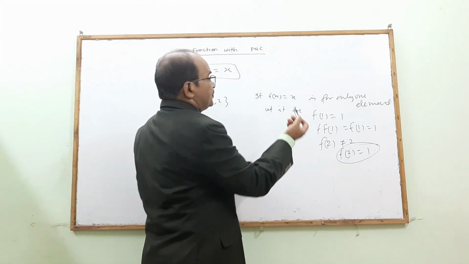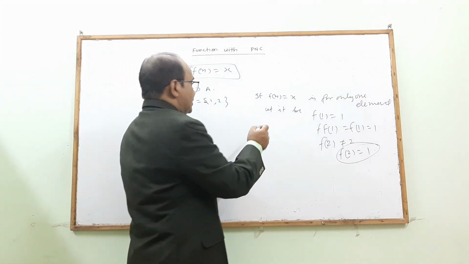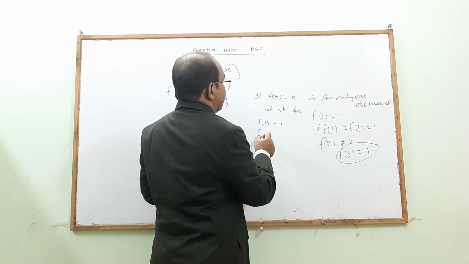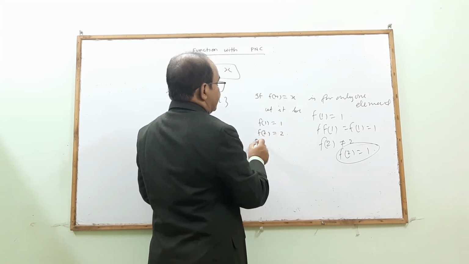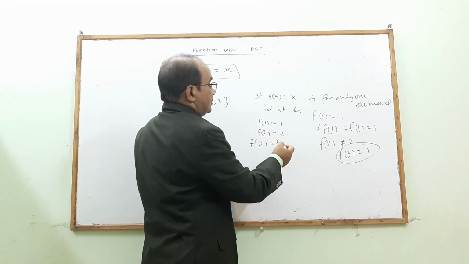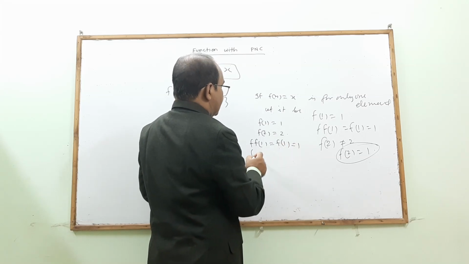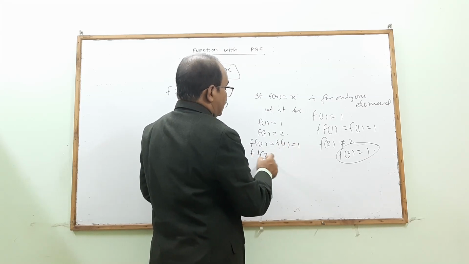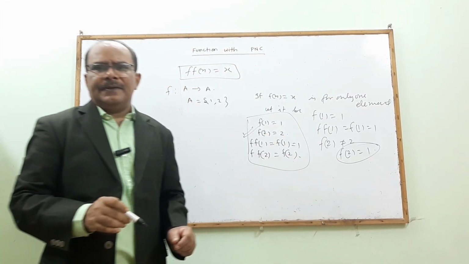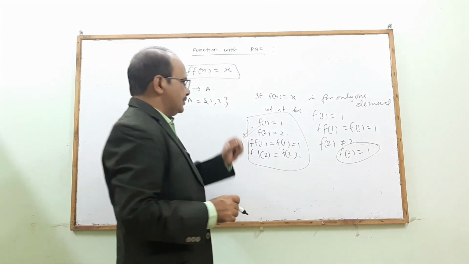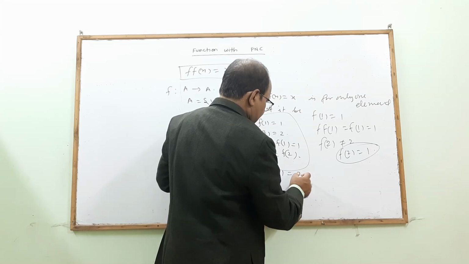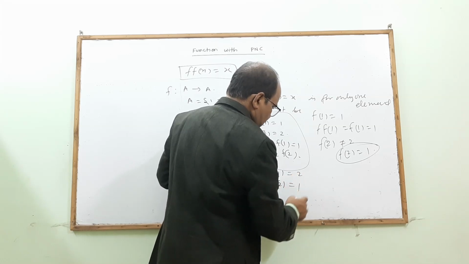Next, if two elements are there, then we can write f(1) is equal to 1 and f(2) is equal to 2. Then f of f(1) is equal to f(1), and that is 1, and f of f(2) is equal to f(2). It is possible. Next, we can write f(1) is equal to 2 and f(2) is equal to 1.